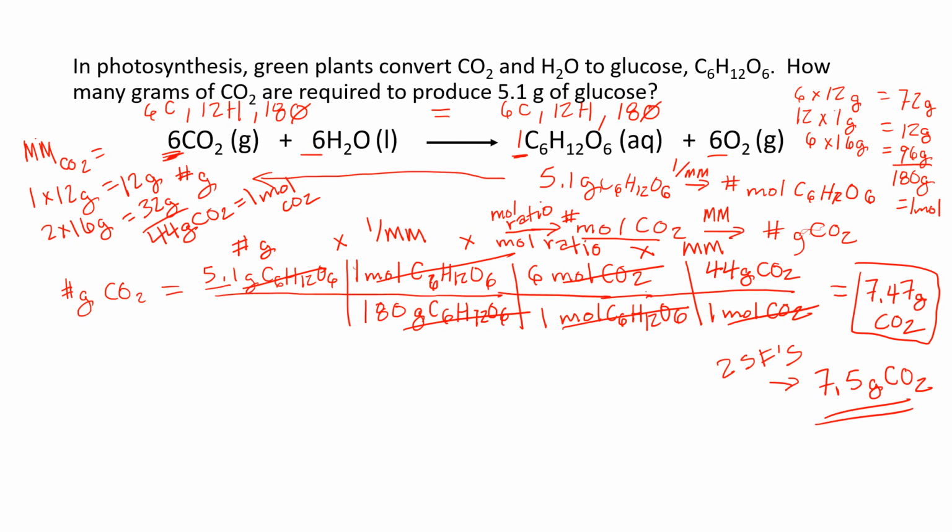But if you're in grams, you first have to get to moles of the substance, then use the mole ratio to get to moles of the other substance, and then multiply times its molar mass to get the grams of the other substance.